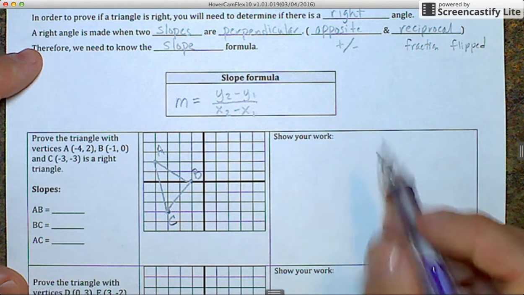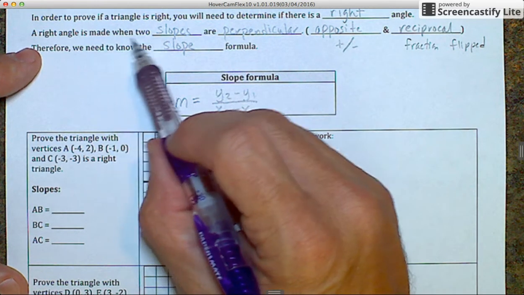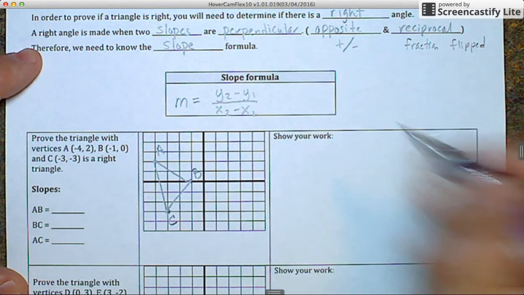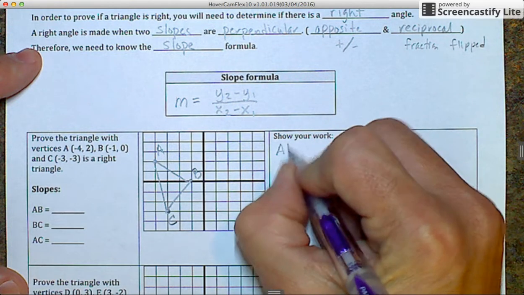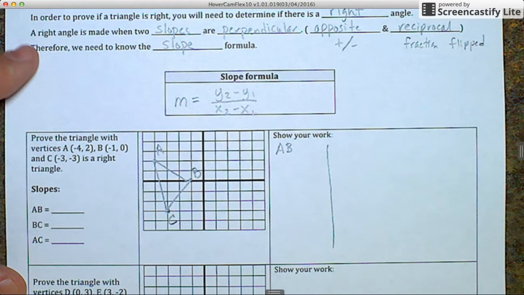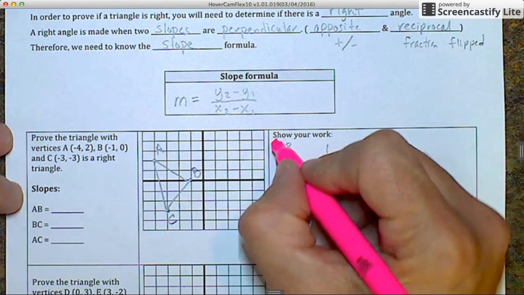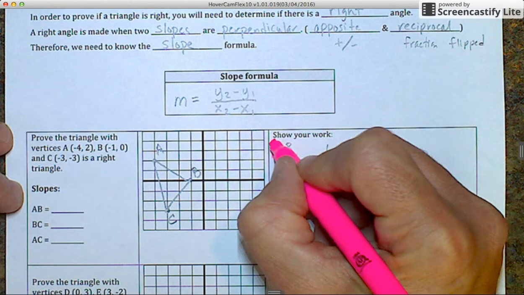The way we figure it out, it says a right angle is made when 2 slopes are perpendicular. So we need to figure out the slopes. Let's start with AB, and I'm going to put a little pink highlighter mark around it.